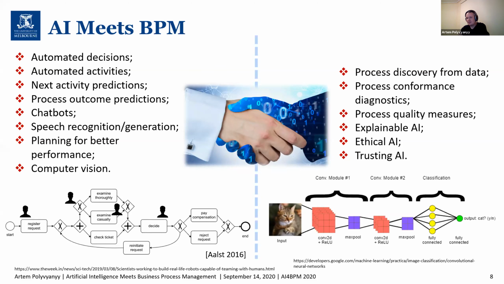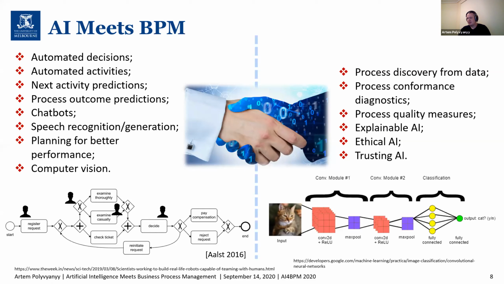So for instance, at the bottom of this slide, you see an example business process diagram, and in this diagram, certain activities, certain decisions are marked as manual activities, manual decisions, and so these activities and decisions are then candidates for using AI techniques to automate them.